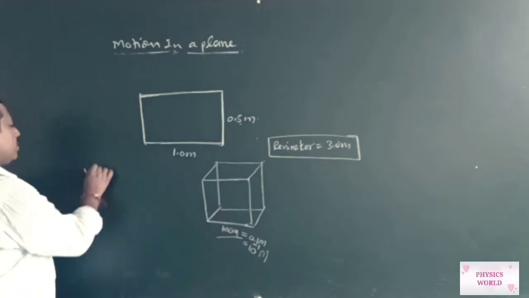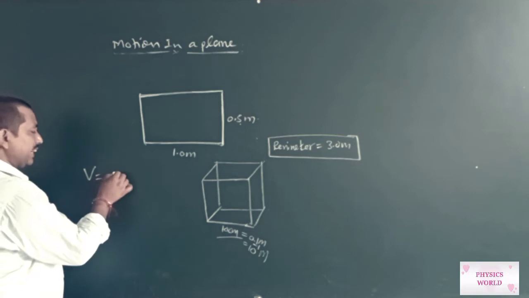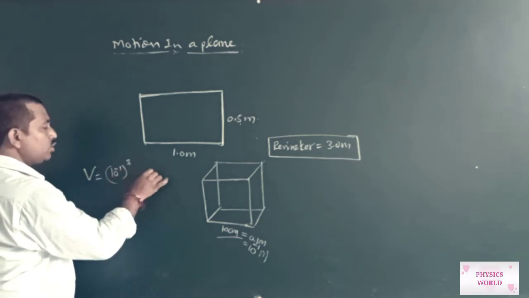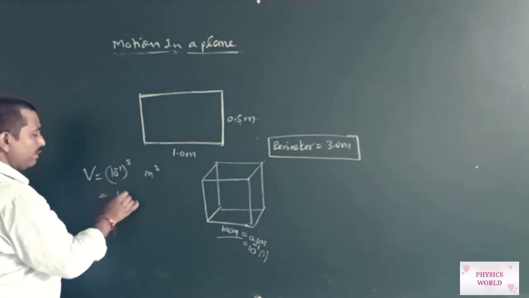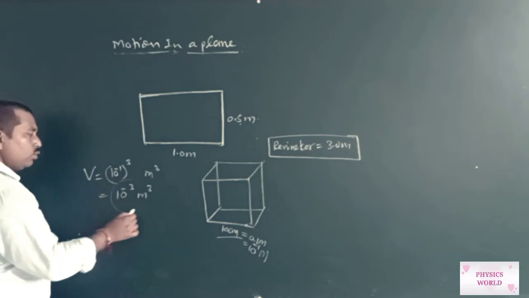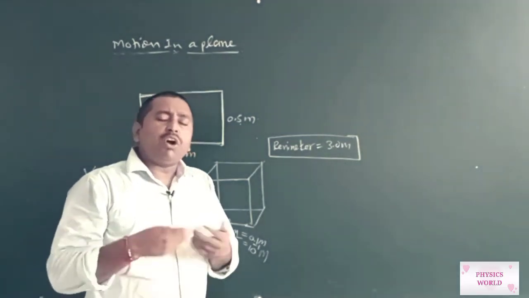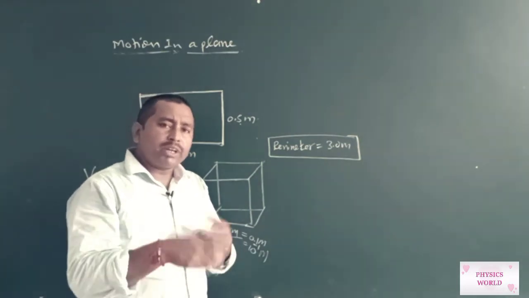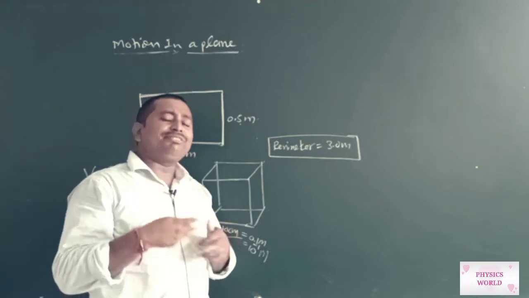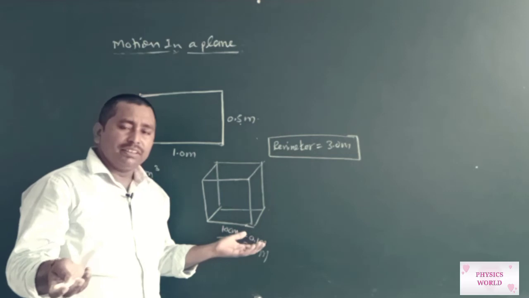So the volume can be written as side cubed, that is (10 to the power minus 1) cubed meter cubed, which is equal to 10 to the power minus 3 meter cubed. How is this volume of the cube obtained? It can be easily obtained with the help of the product of the sides, and we have not applied any different rule except ordinary algebra.